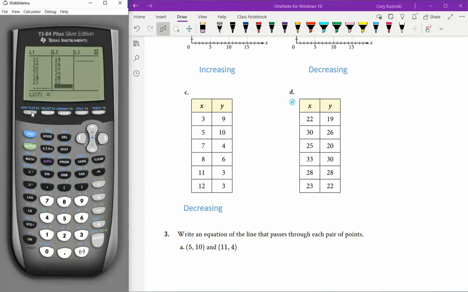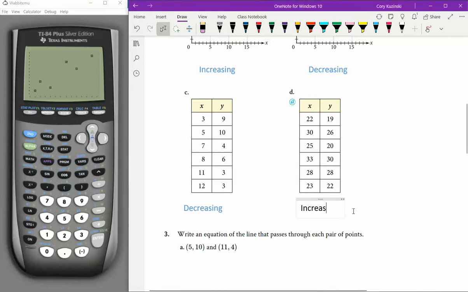All right, we'll go second stat plot, turn on our plot. Let's go zoom 9, and generally it looks like it's increasing. Not a real close relationship there, but increasing.